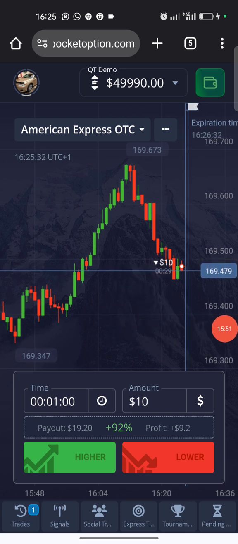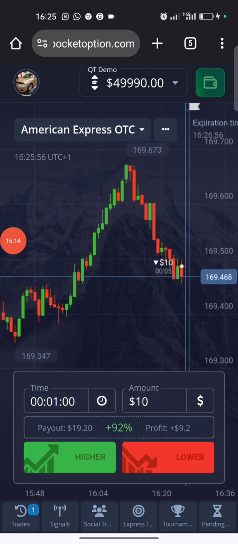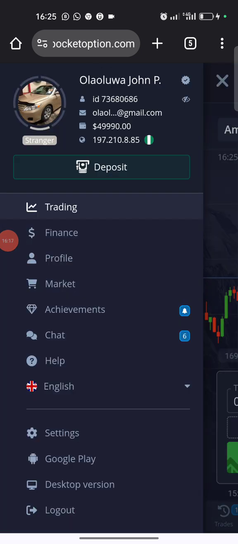So before then, we can see this is where you check your trades, how your trade is going on. You can see it here. This is where you check how is it going. You can see it up there. What else? This is where you make your deposit. I think we have made a video on deposit. You just click on this edge here. Click on this edge, click on deposit. What else? Let's click on this side.